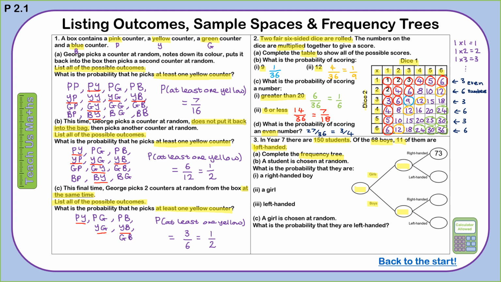Those 2 categories are then split again into whether the students are right-handed or left-handed. So this number here, 73, tells us the number of girls in Year 7 that are right-handed.